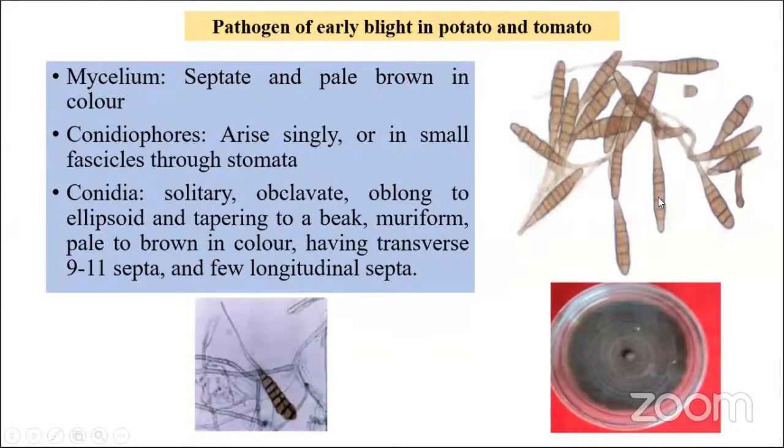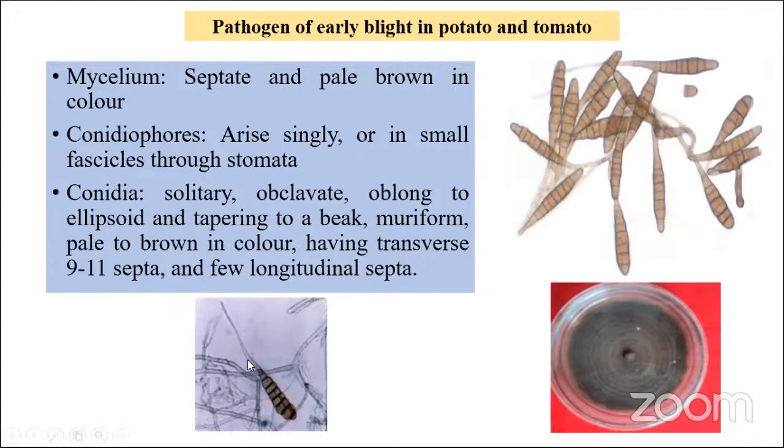The longitudinal septa are few, but the transverse septa are around 10 to 11. So you can differentiate the early blight conidia from the late blight conidia, which is caused by Phytophthora infestans. This is the distinguishing feature of the pathogens Alternaria and Phytophthora.